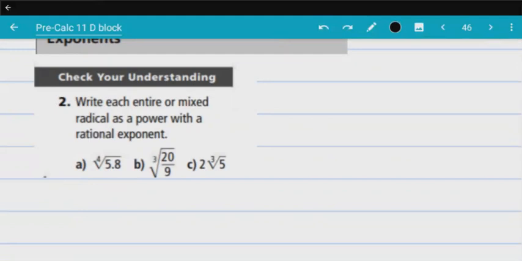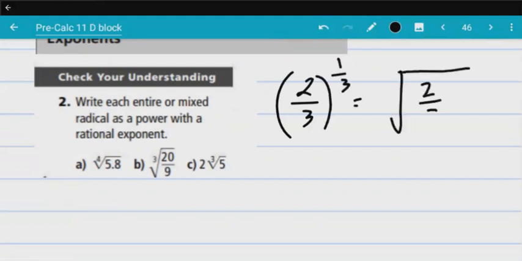Now let's recall. For example, 2/3 to the 1/3. The 2/3 becomes your radicand. That 3 as a denominator becomes your index. That 1 as your numerator becomes your exponent for this one, which you don't need. But taking a look at that, instead of going this way, we are now going this way. You will notice that the base in my power is the radicand.